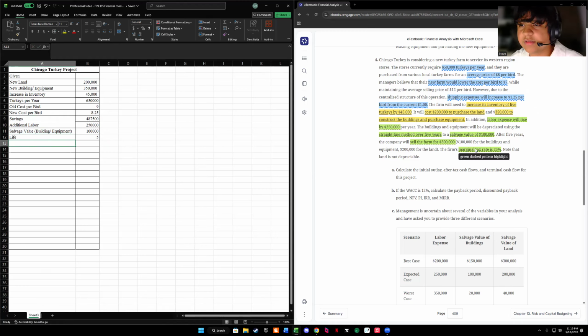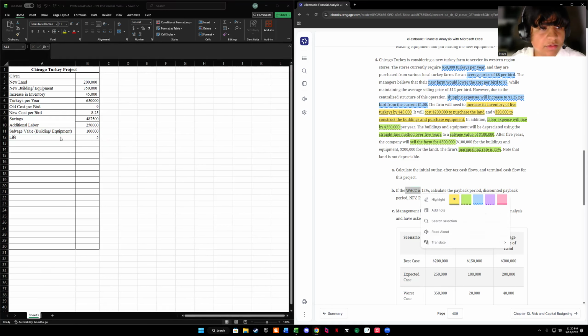Now, lastly, two bits of information are the tax rate and WACC. The tax rate is 25%, I believe. Yeah, 25. And then the WACC is 12.